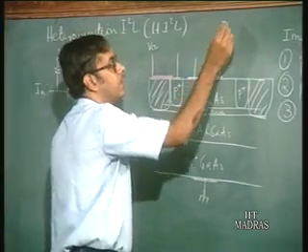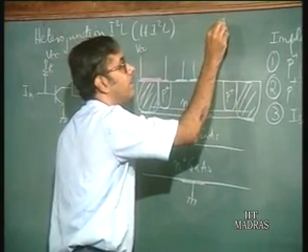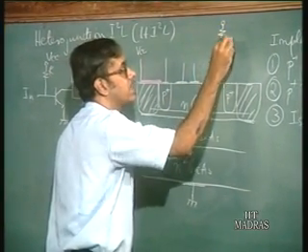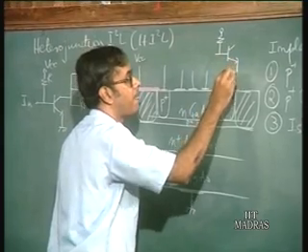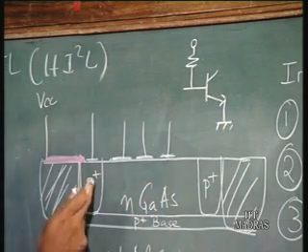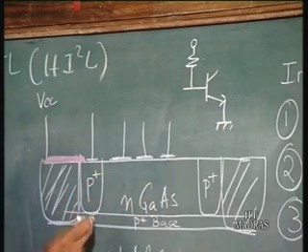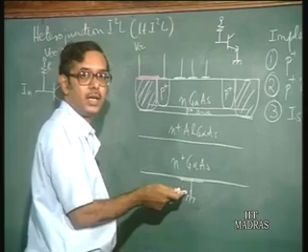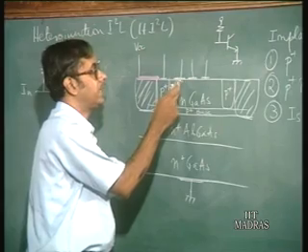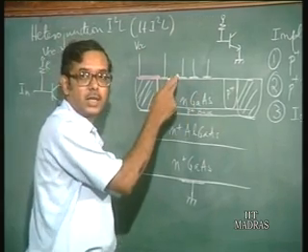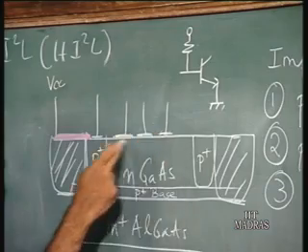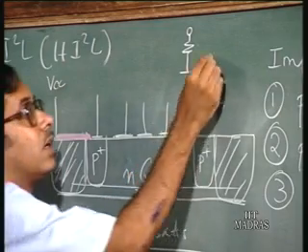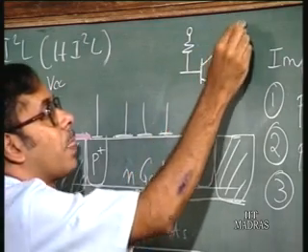VCC through a resistance comes to the base, and you have an NPN transistor, this is the base, the emitter is grounded, and from the collector region you have a number of Schottky diodes coming out.